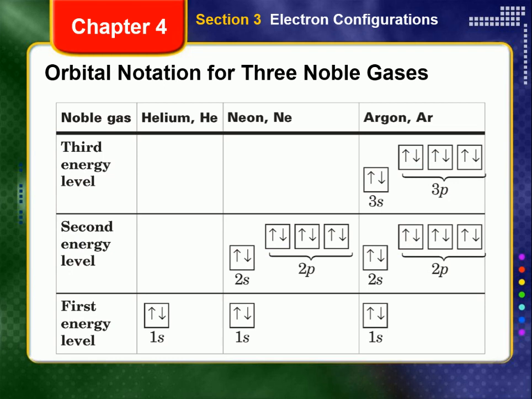As in neon, the highest occupied energy level of argon has an octet of electrons: [Ne] 3s2, 3p6. In fact, each noble gas other than helium has an electron octet in its highest energy level. A noble gas configuration is an outer main energy level fully occupied, in most cases, by 8 electrons.